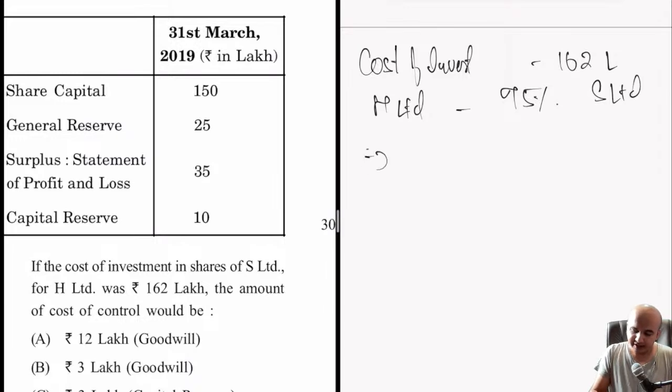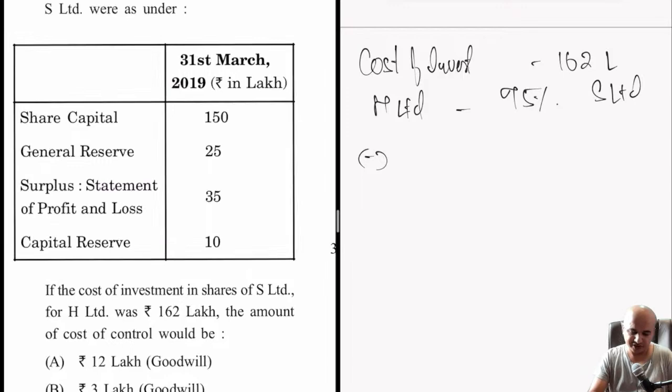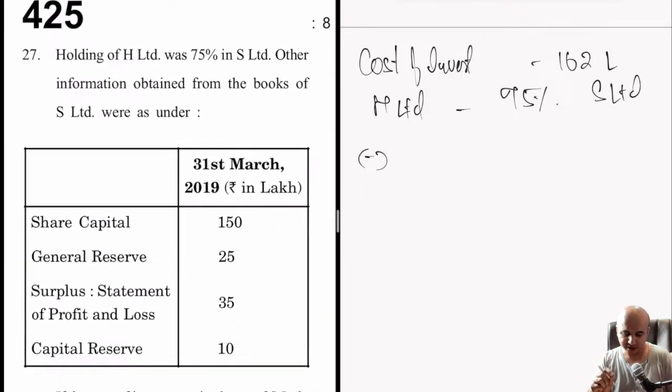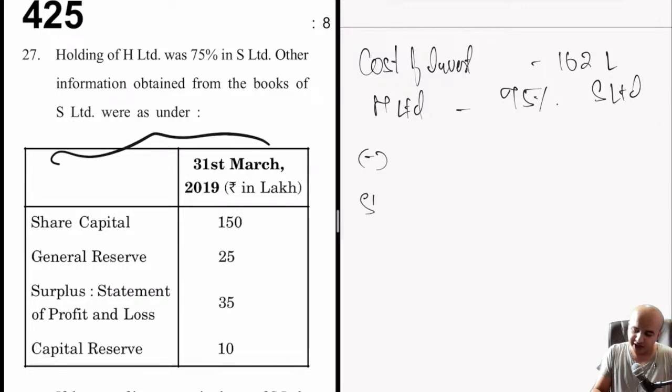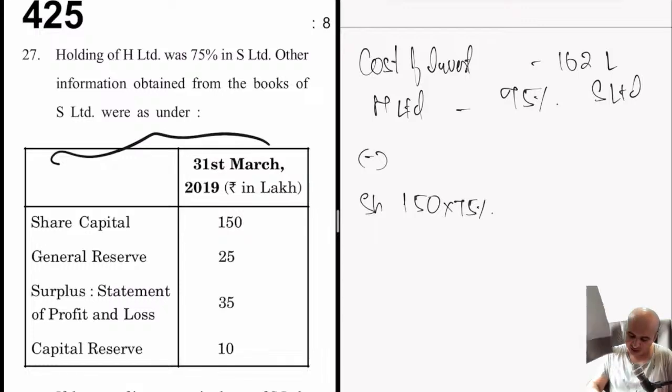Obviously we would have received the face value of these shares, if 75% is what is acquired. Now look at the structure here of S Limited. We have share capital of 150 lakhs. Out of this 150 lakhs of share capital, 75% now belongs to H Limited by virtue of acquiring the controlling stake. So 150 lakhs into 75%.